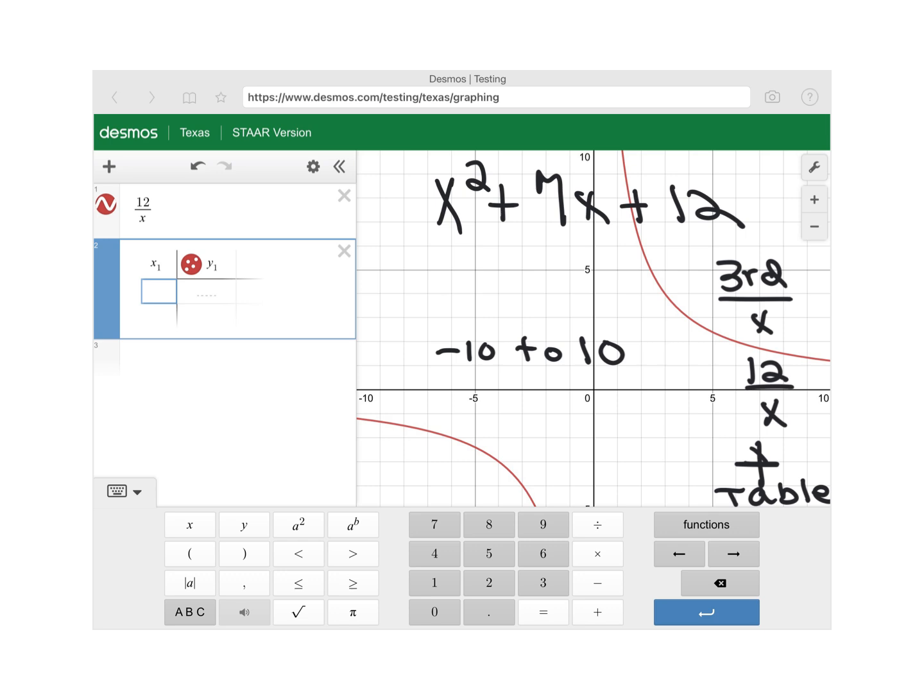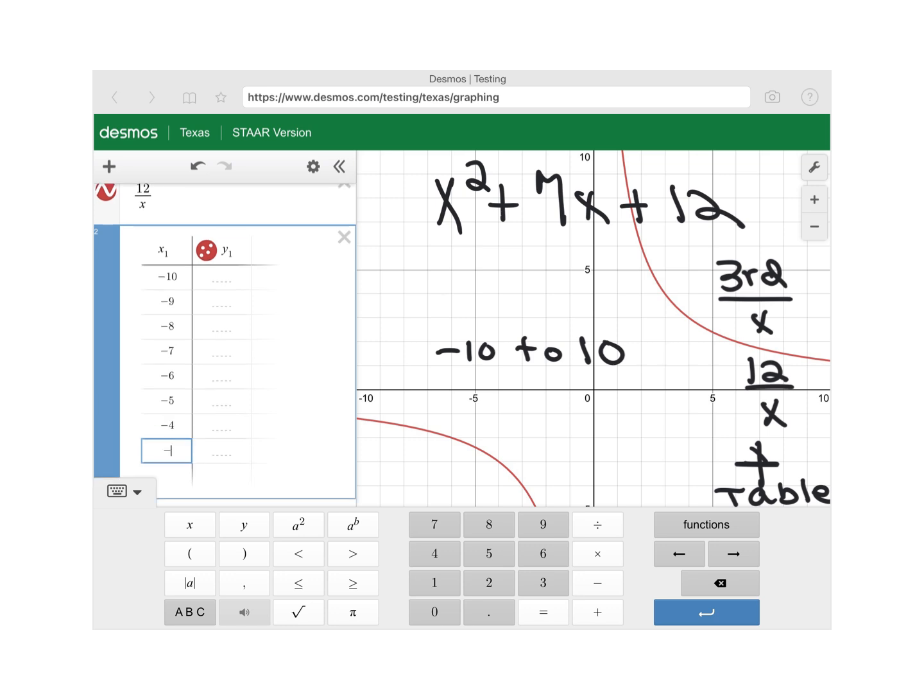All right, so what I'm going to do is enter in -10 and then -9, and this is the part that takes the longest amount of time to do. -6, -5, and I'll just go ahead and go on until I get to +10.